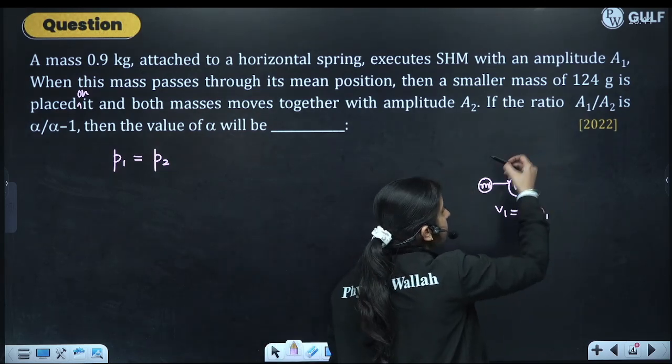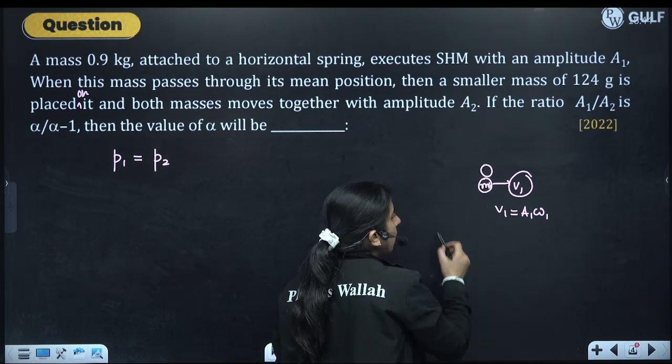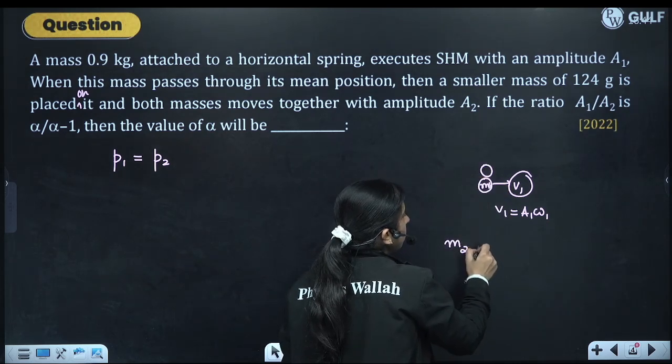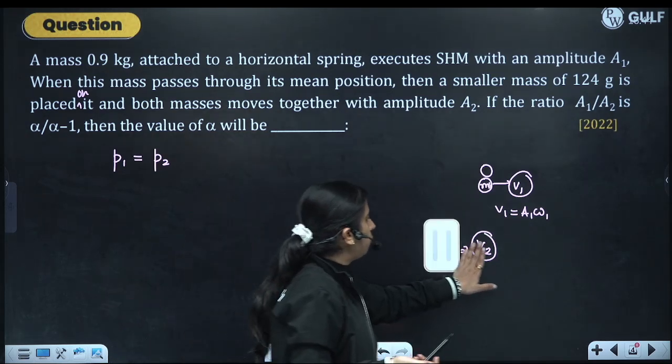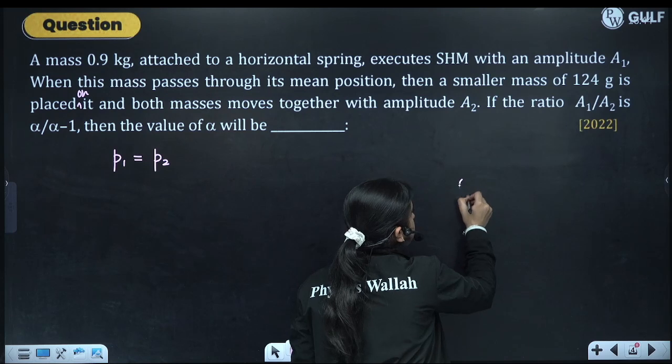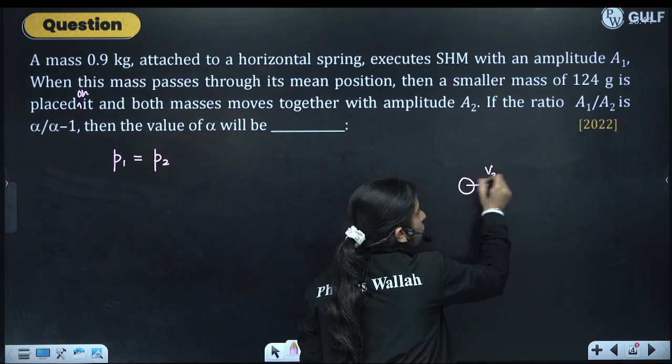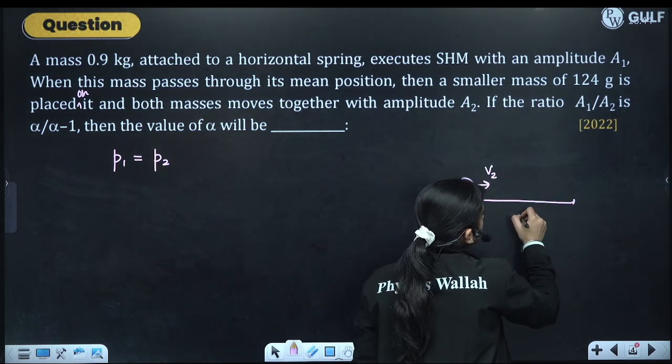If we place at that time a m2 mass on it, so final momentum will be m2 into v2. v2 will change. Now if it is at mean position, it is moving with v2, then it will go to some A2.